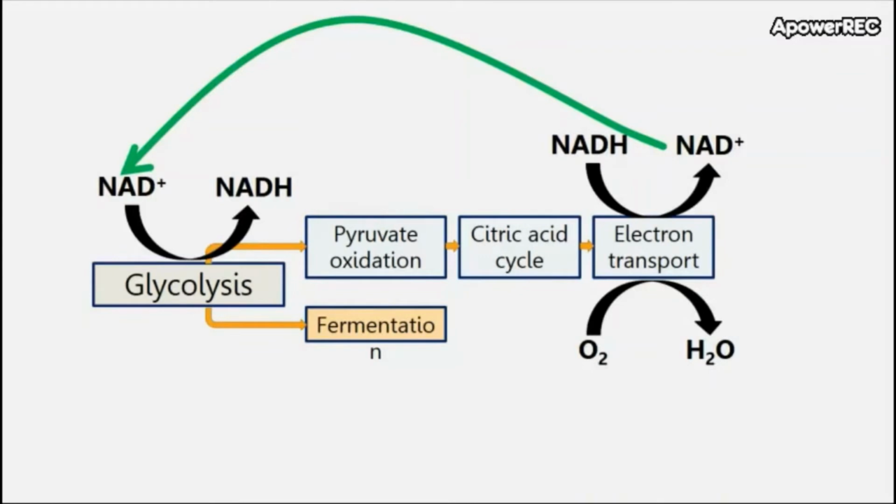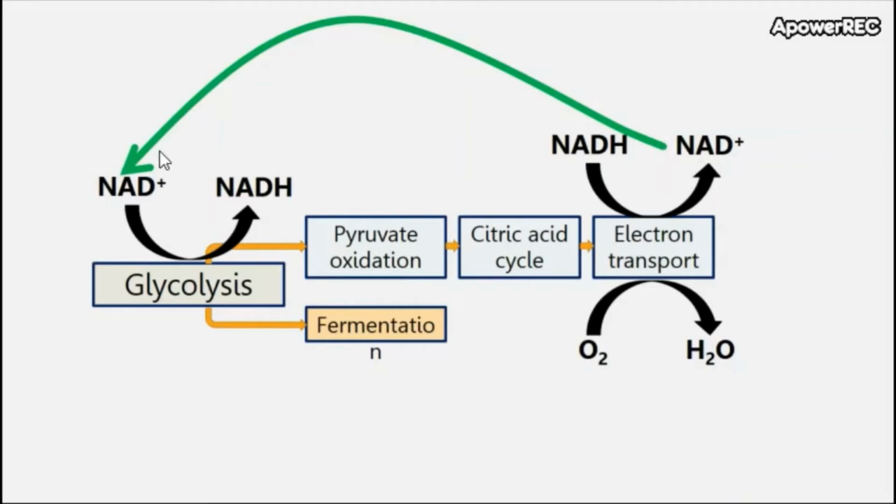There are mechanisms to circumvent this problem, and we can see that in this example here. In glycolysis, if we use cellular respiration, we have this process of regeneration. So this NADH can be regenerated into NAD plus after it donates its electrons to the electron transport chain.